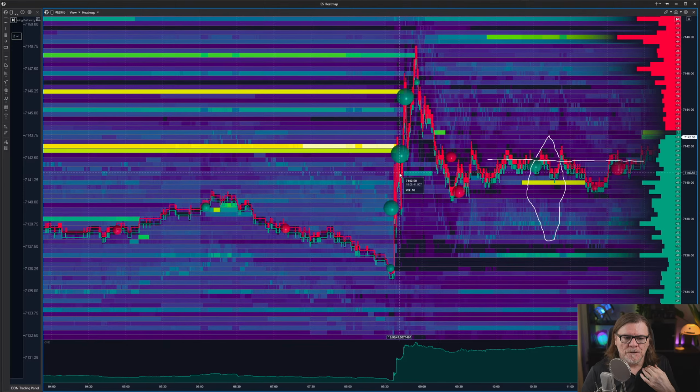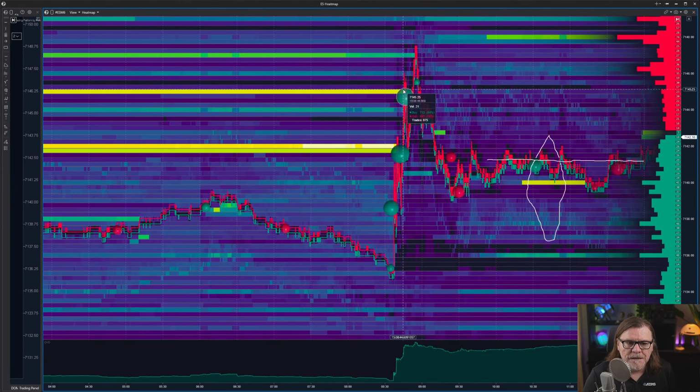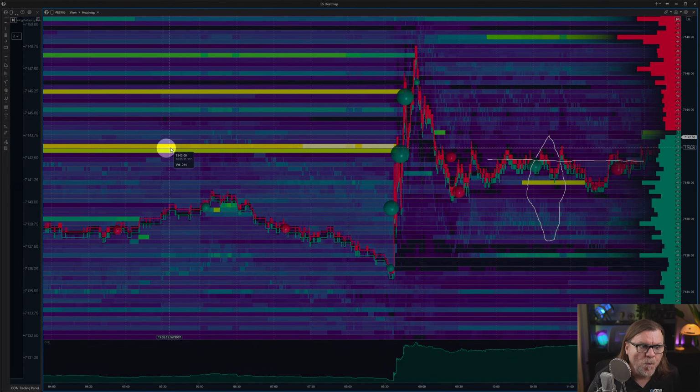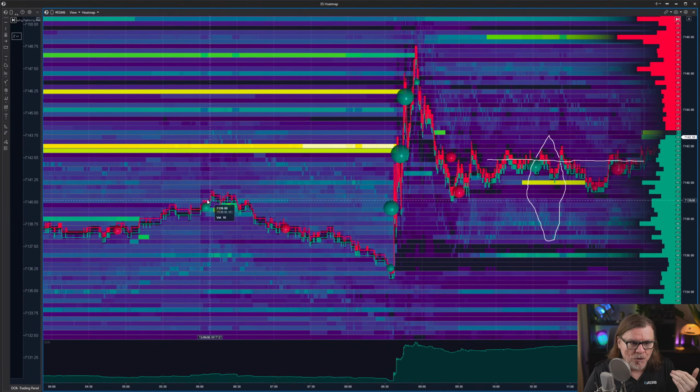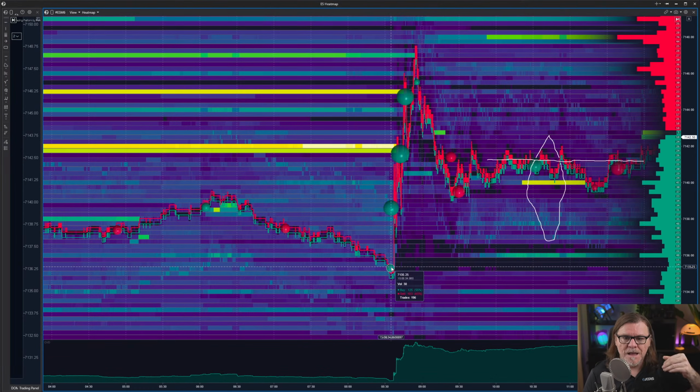What can you do? You see big whales here. You see that the sharks waited for price to get to that level. They sold here as well. They sold here, of course, because price was below that level. And I told you, anything above a level are waiting limit sell orders.